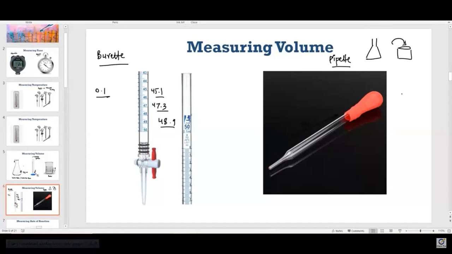You press the suction bulb, liquid gets sucked in, and when you release the suction bulb, the liquid stays inside the pipette, and then you can simply press the suction bulb again to release it. That's how it works.